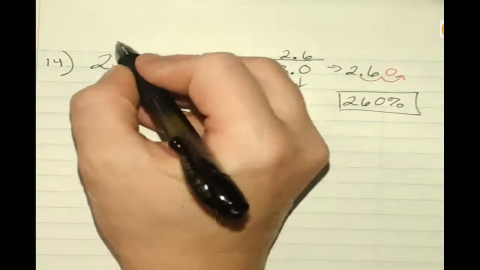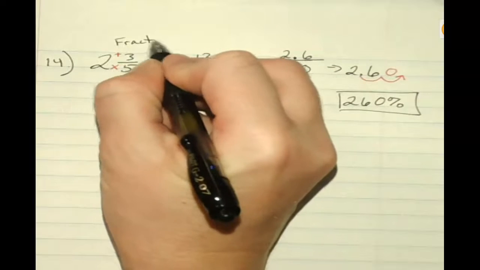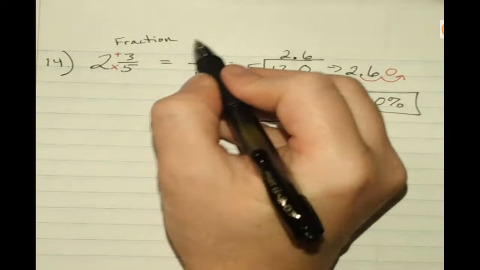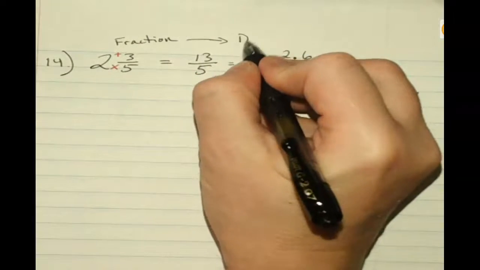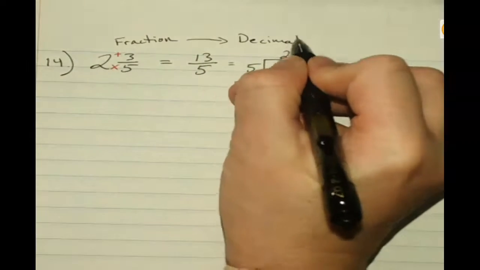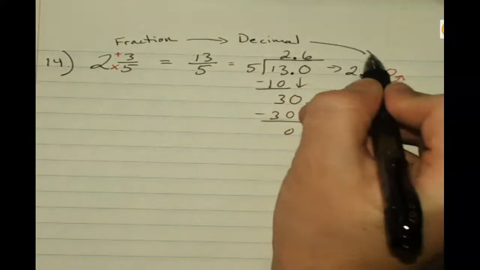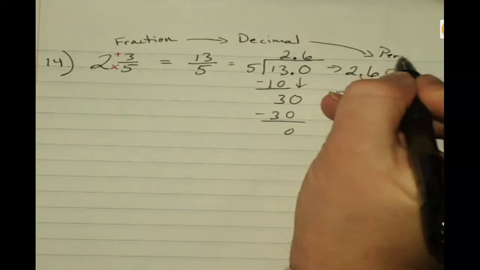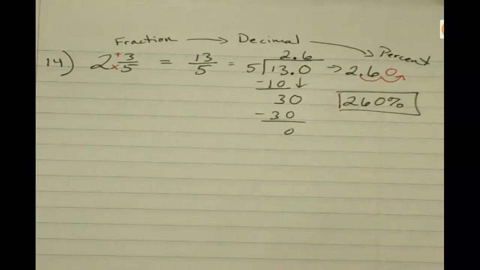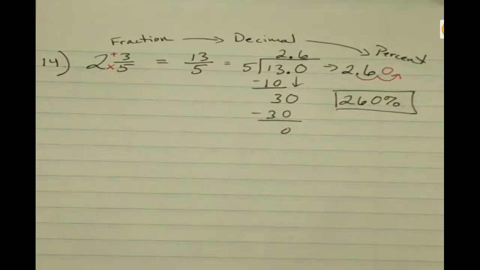So we went from a fraction, then we changed to a decimal, then we changed to a percent. So when you're going from fraction to percent, there's a few steps. Very, very good.